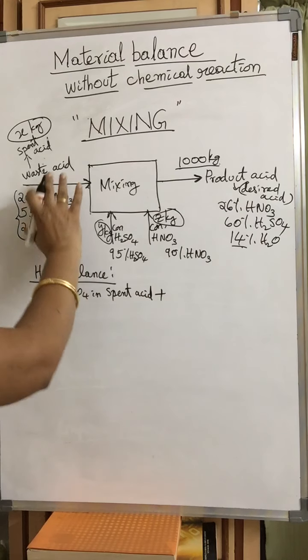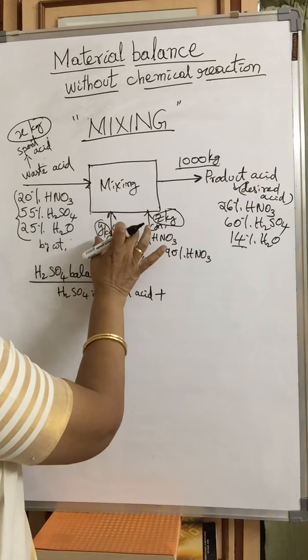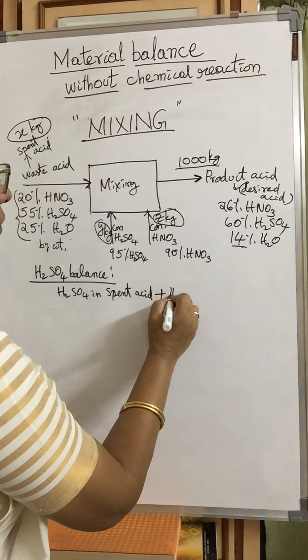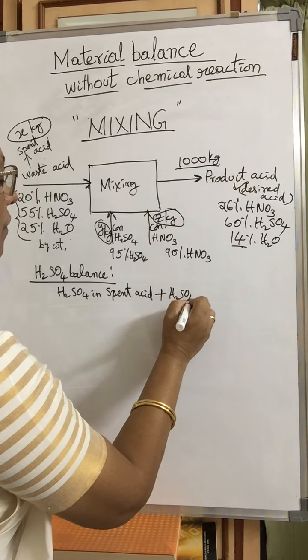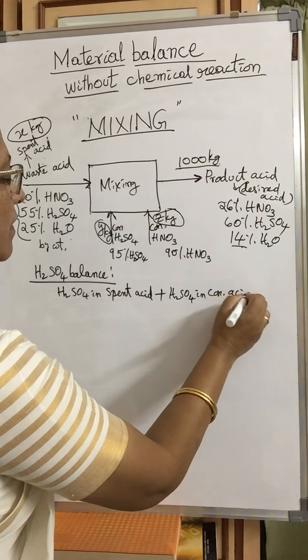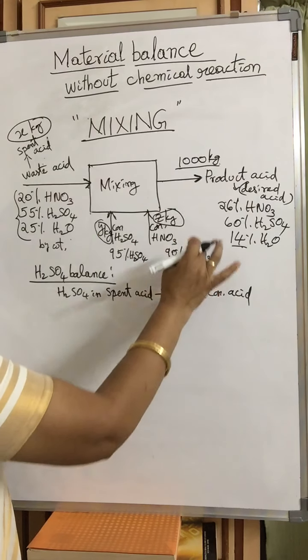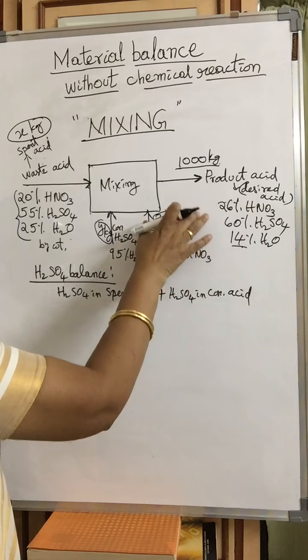plus whatever H2SO4 is present in this stream. In this stream also H2SO4 is present: H2SO4 in concentrated acid. Here there is no H2SO4, this is purely HNO3.